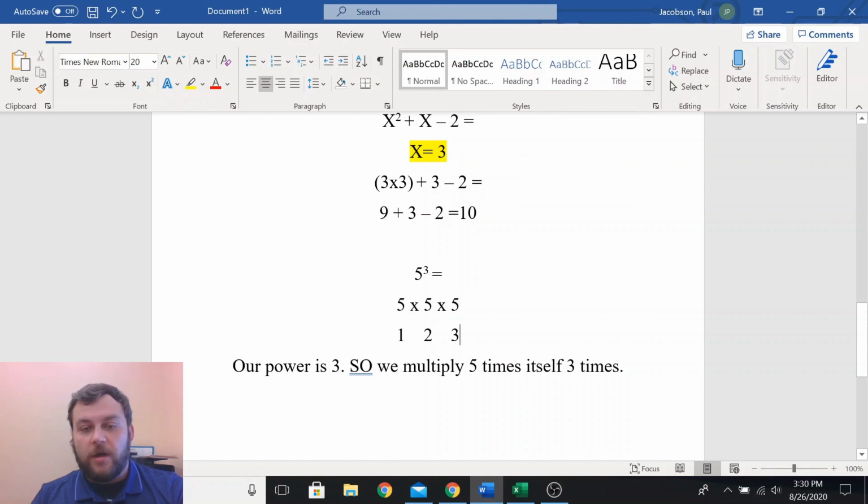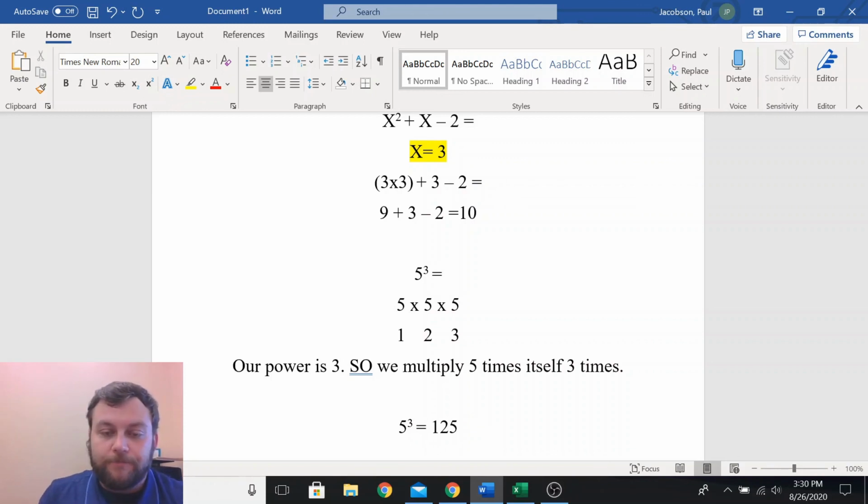No, I am way off. Hang on. 5 times 5 is 25. 25 times 5? No, yeah. 25 times 5 is 125. So 5 cubed, or 5 to the third power, equals 125. Okay?